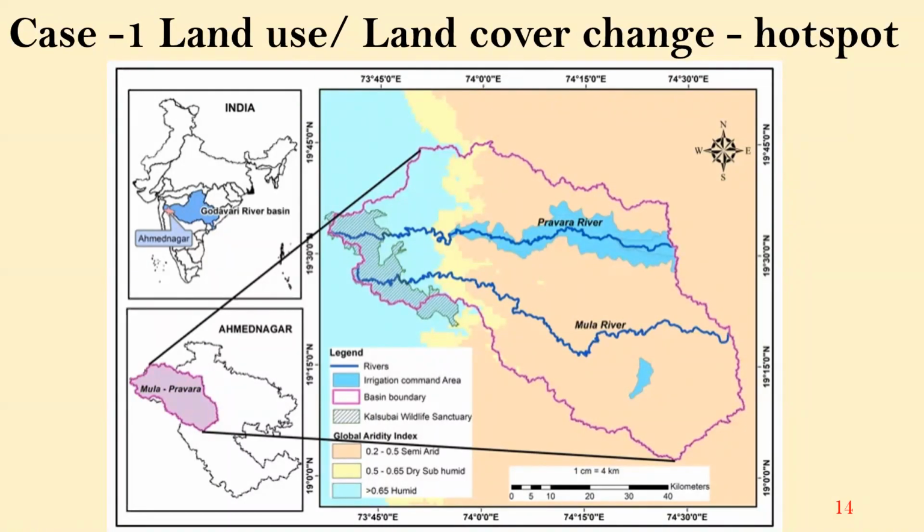So land use changes affect the land cover, which is naturally present, and this affects the function of ecosystem services and also resource availability. As part of the study, we are trying to map the locations where intense land use land cover changes have occurred.